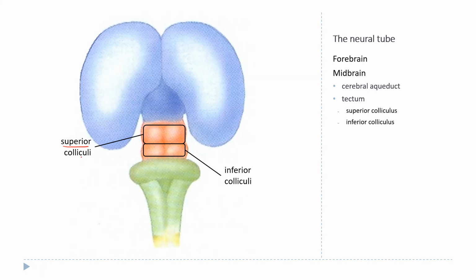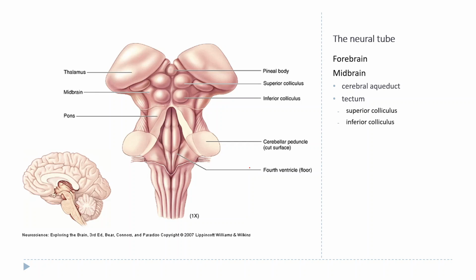Superior, remember, just means above, and a colliculus is just the Latin name for hill or little hill, and that's all it means. They're just these little bumps that grow on the dorsal surface of the midbrain. So there's two that are higher up, called the superior colliculi, and then the two lower ones we call the inferior colliculi. And here's what they look like in the adult brain.